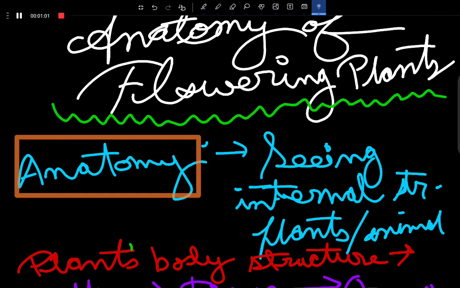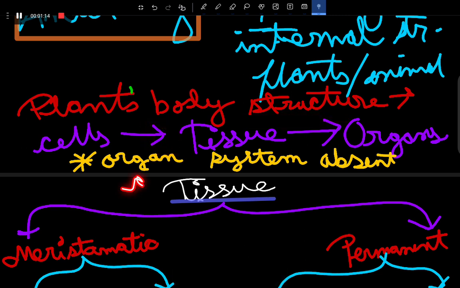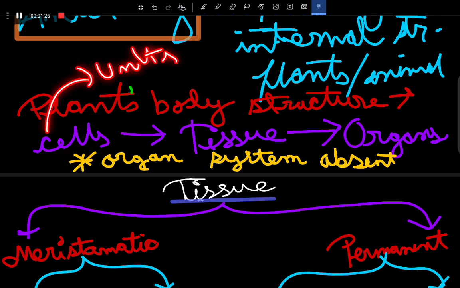Now, we need to talk about the plant body's organization. How is the body organized? There are cells first, which make tissues. The cells are the building blocks of life, known as the units of life.